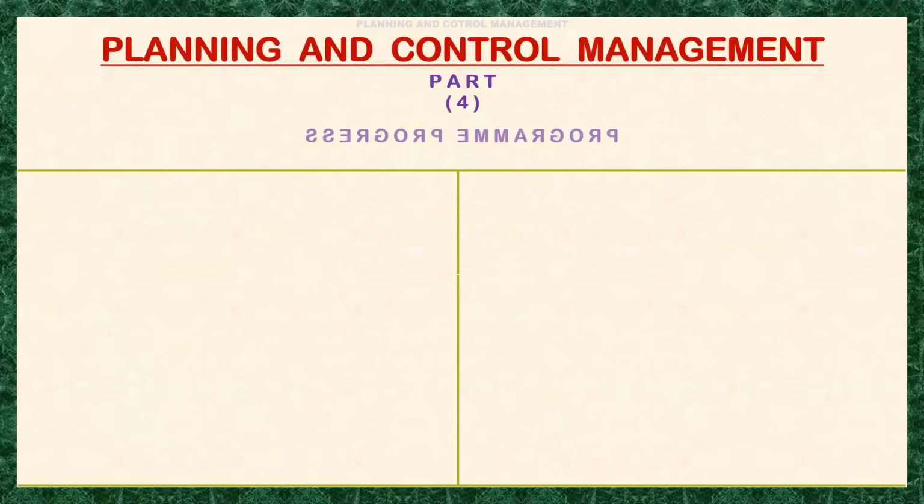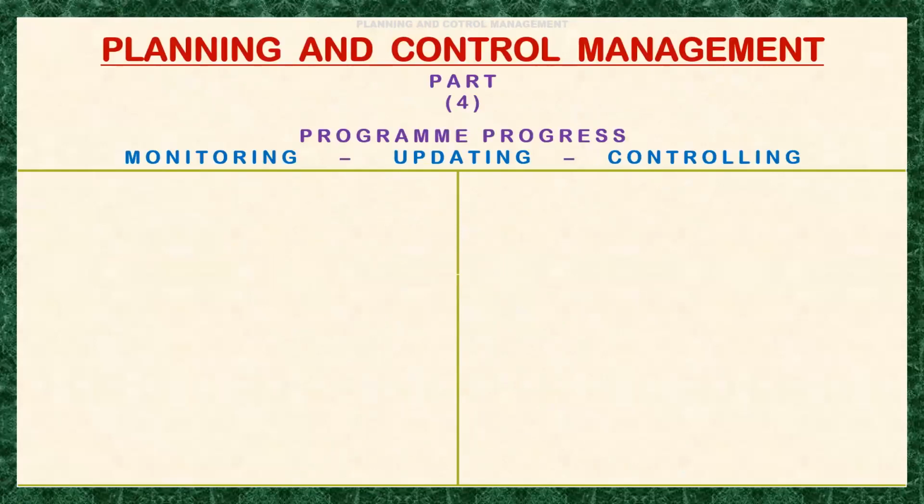Planning and Control Management, Part 4, Program Progress, Monitoring, Updating, and Controlling. So we are now on Part 4, and this is about Program Progress Monitoring, Updating, and Controlling.